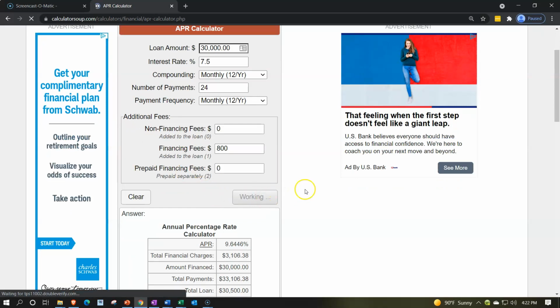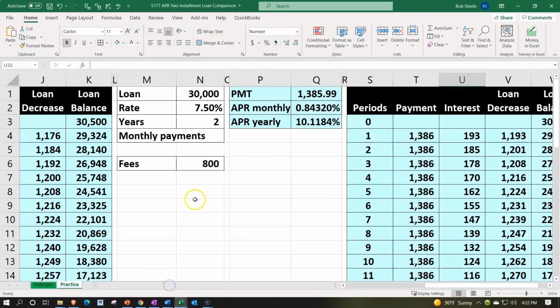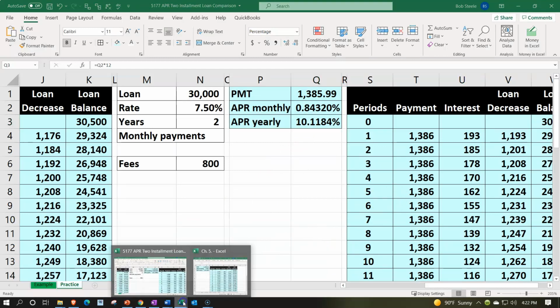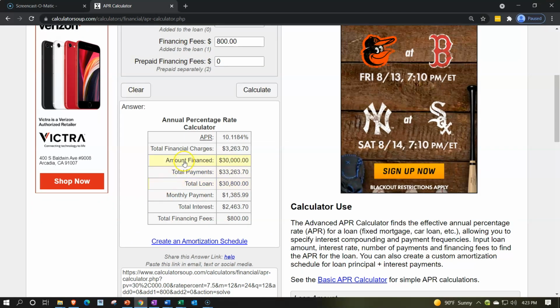Calculate it. We then have the 10.1184 on the APR. So we got the 10.1184. Check. Roger that. That verifies. We have verification. Then we got the total finance charges, the 3263.